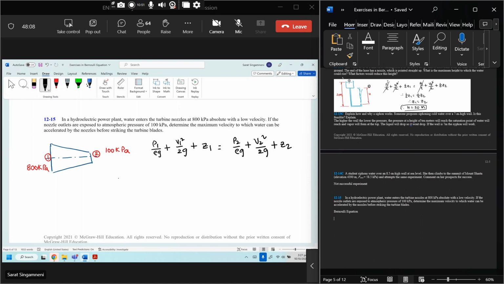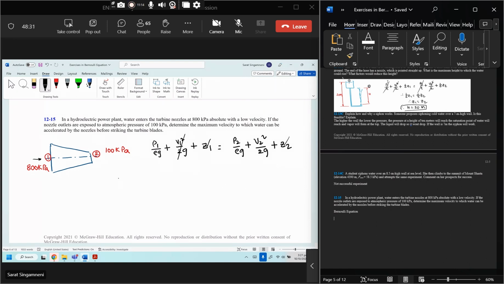Because 1 and 2 are on the same line, Z1 and Z2 are the same, so we can get rid of them. And with low velocity, water is entering here. We can neglect that velocity because no information is given. There is nothing much we can do other than neglecting.